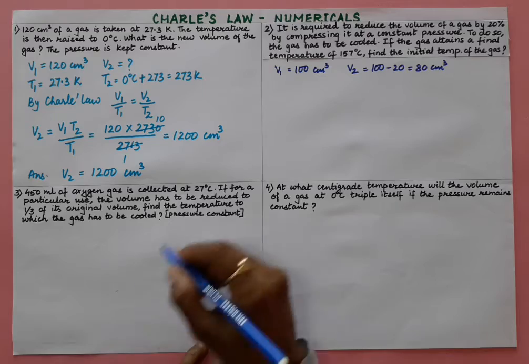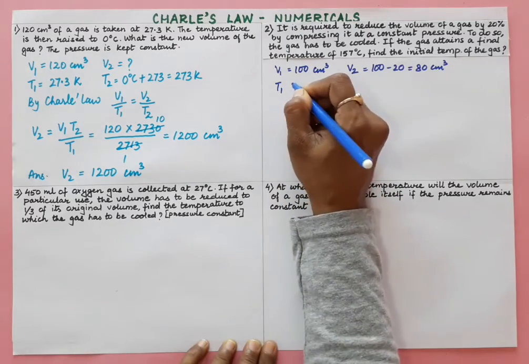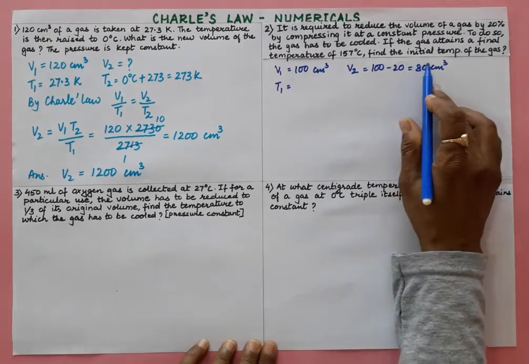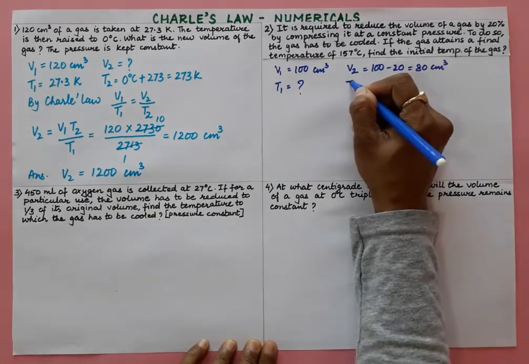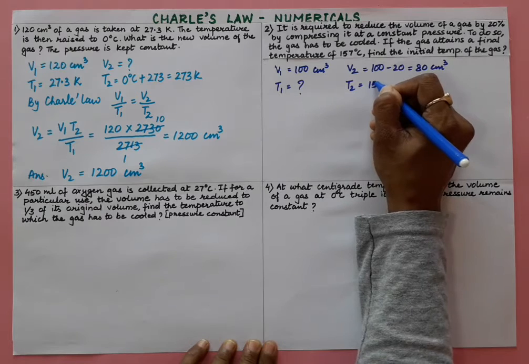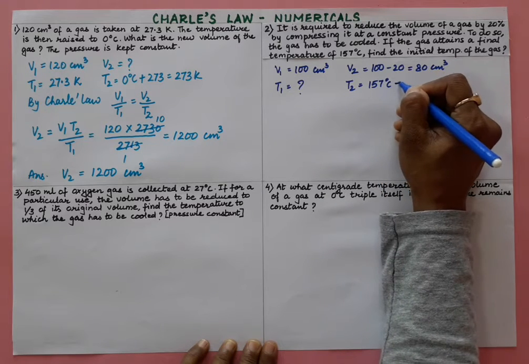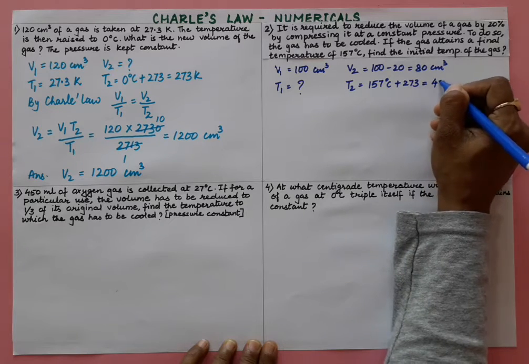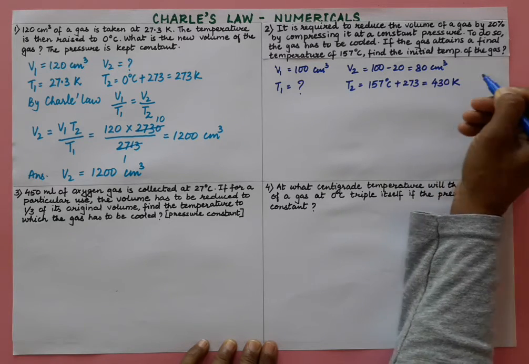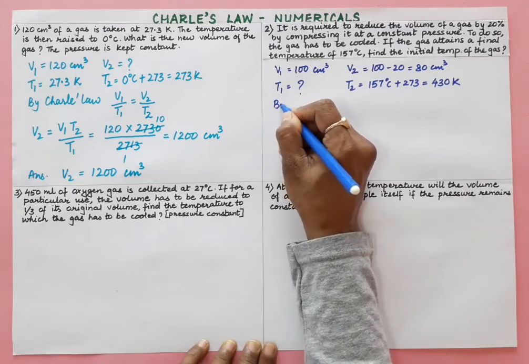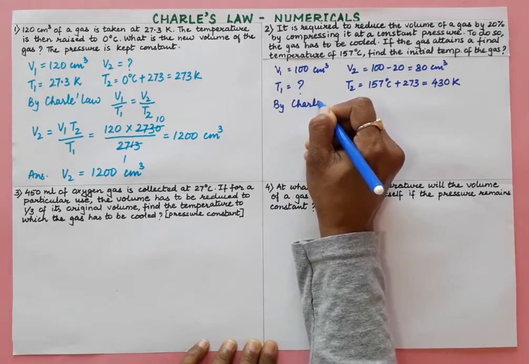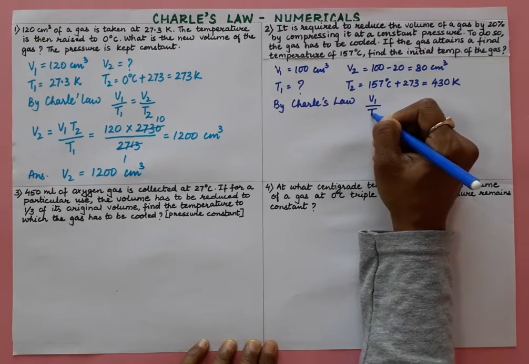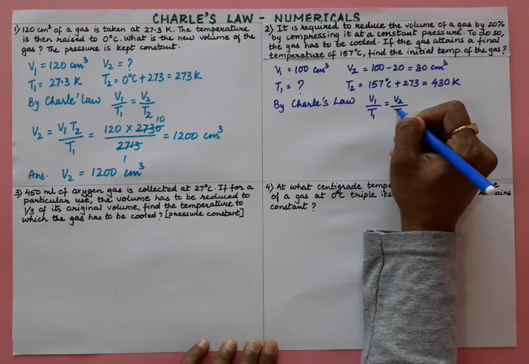T1, the initial temperature, you have to find. T2 is 157 degrees Celsius, but you have to convert it into Kelvin to solve the numerical. Always convert it into Kelvin. So 430 Kelvin. Now by Charles law, the formula is V1 upon T1 is equal to V2 upon T2.